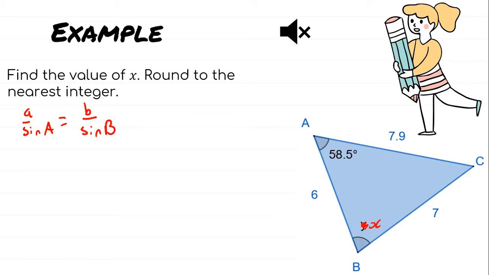Okay, so let's have a little look. We know this angle here, so why don't we call this angle A? And this is opposite this side over here, so let's call this side a. So I'm using small a for the side, capital A for the angle. So we're going to write 7.9 over sine x.